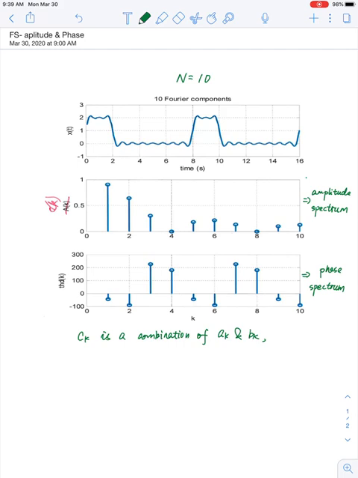So this means F0 is an important frequency. So therefore, the amplitude spectrum can help us to quickly find the key frequencies.